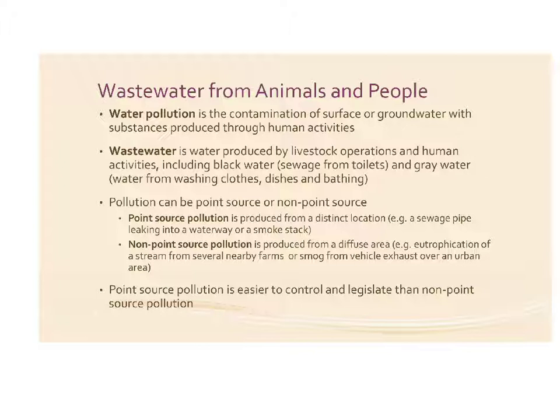Non-point source pollution is produced from a diffuse area, such as eutrophication of a stream from several nearby farms, and that could be livestock operations or agricultural fields, or smog from vehicle exhaust that occurs over an urban area. There's no real way to pinpoint any one source of that. It is diffuse and it comes from a large area.